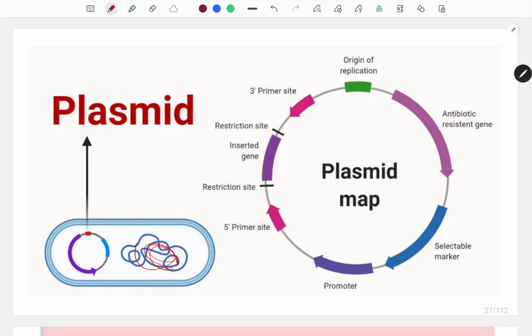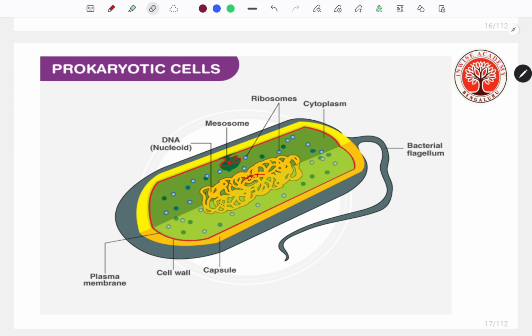If you do the mapping of the plasmid, it will look like this. It has its own origin of replication, which starts the replication, and it has the antibiotic gene somewhere, which gives the antibiotic resistance. It has different parts, independent of the genetic material.